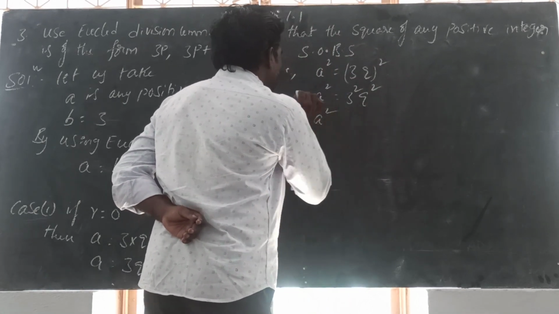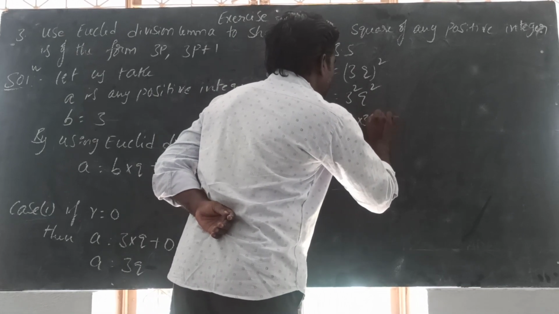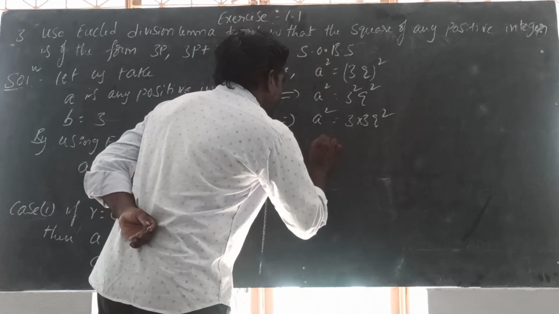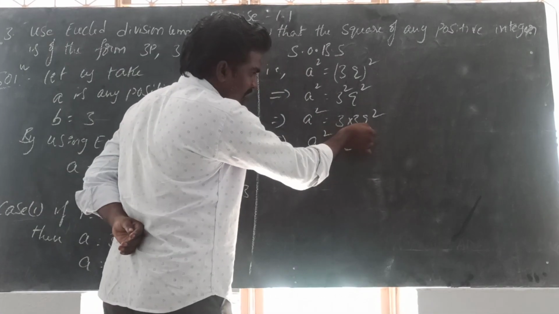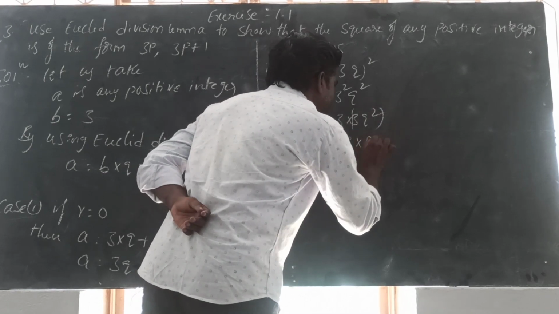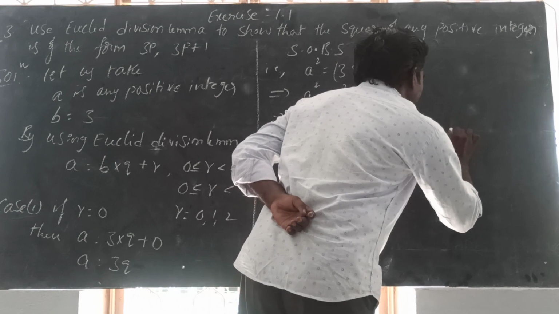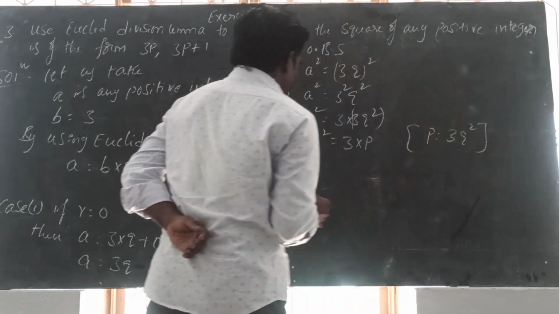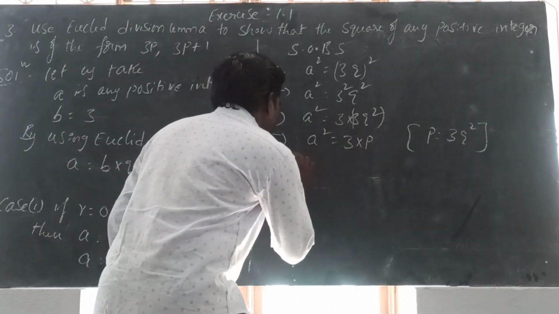That is, A square is equal to 3 into 3q square. Here q is an integer, so in place of 3q square we can put p, where p is a positive integer. So the square of A is in the form of 3p.